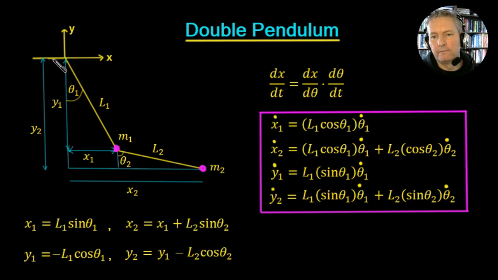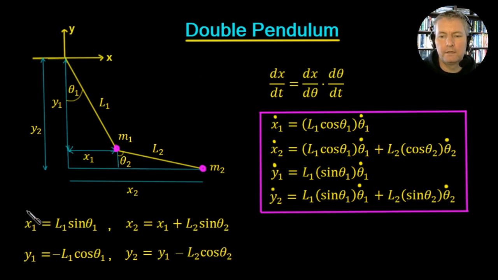And then we can say that the value y2 is going to be the value y1, and we've got to add on this small distance here. So this distance here is the adjacent, and the distance here is the hypotenuse, so it's adjacent over hypotenuse, which is going to be the cosine. So the small length here is going to be L2 cos θ2, and it's minus because it's in the minus direction. So y2 is equal to y1 minus L2 cos θ2.